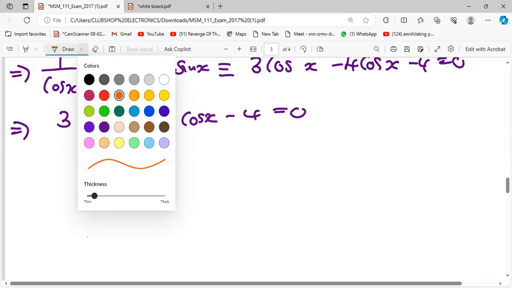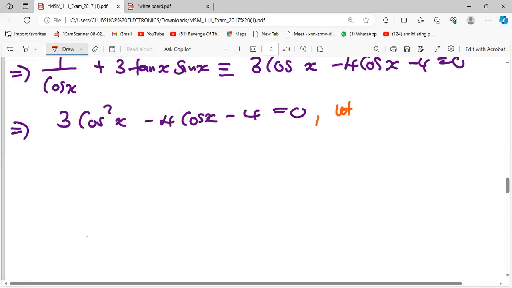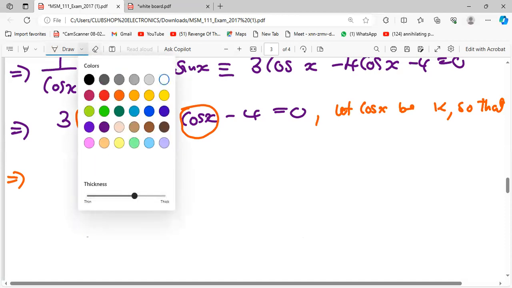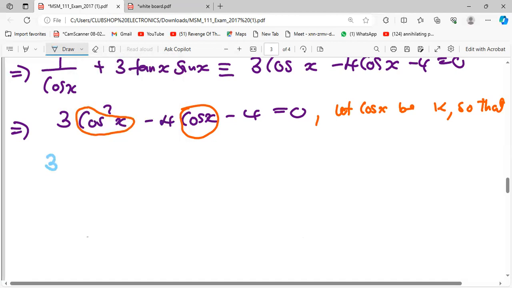But to make it standard, we can just say let cos x be k, so that we have 3k squared minus 4k minus 4 equal to 0, which is a quadratic equation.